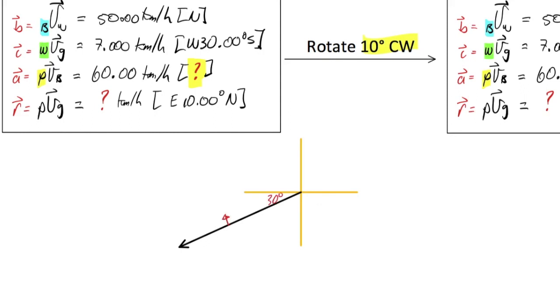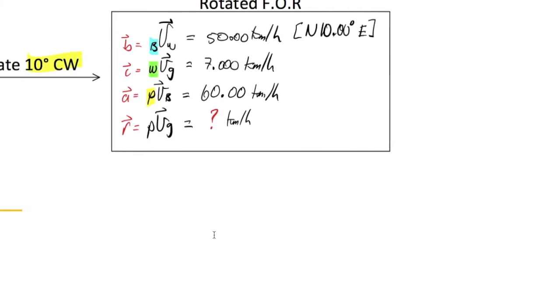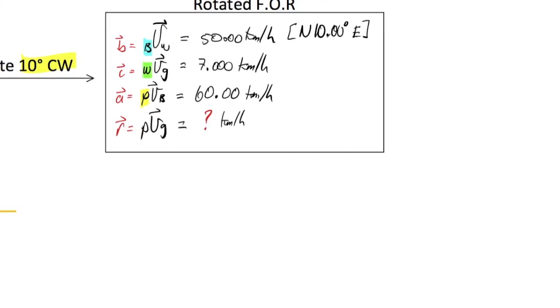So if this was originally 30 degrees and we go 10 degrees in that way, that reduces this angle by 10 degrees. So this 30 turns into a 20. So instead of west 30 degrees south, it is now going to be west 20 degrees south.